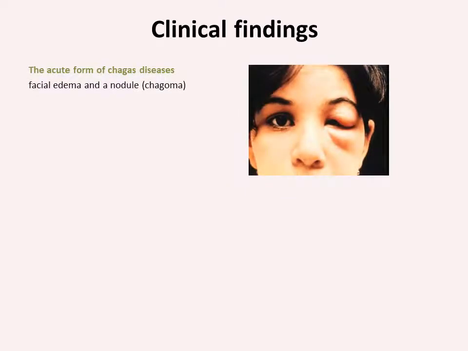This slide shows the clinical findings of Chagas disease. The acute phase of Chagas disease consists of facial edema and a nodule, chagoma, near the bite, coupled with fever, lymphadenopathy, and hepatosplenomegaly.